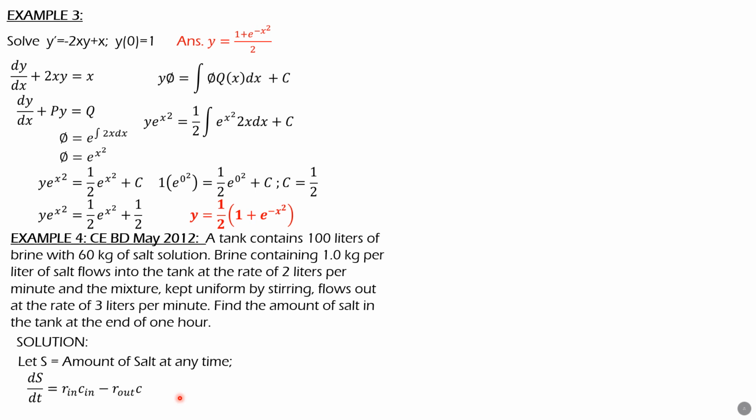So the rate at which the solution flows out is given 3 liters per minute, and the concentration of salt as it goes out is equal to the amount of salt at any time, which is variable S, divided by volume at any time also. So concentration out is amount of salt at any time divided by volume at any time also.